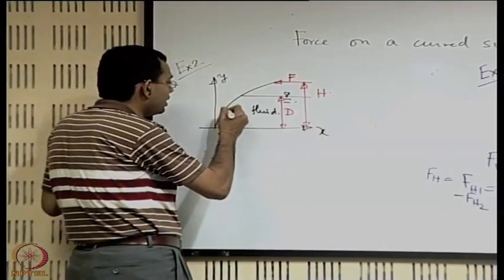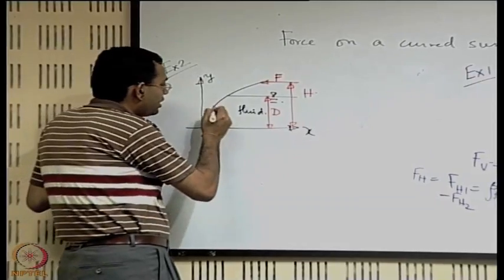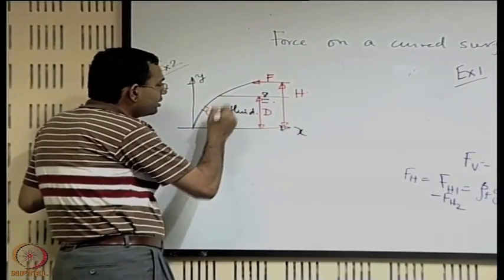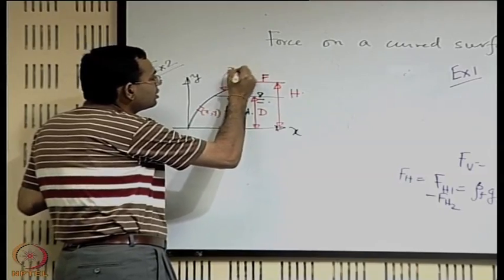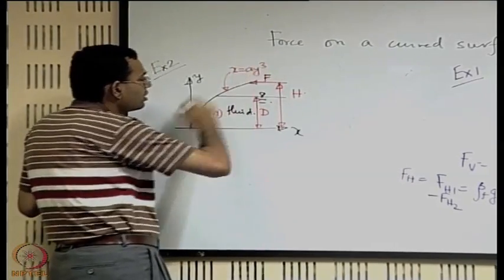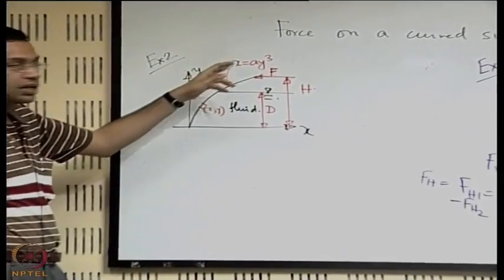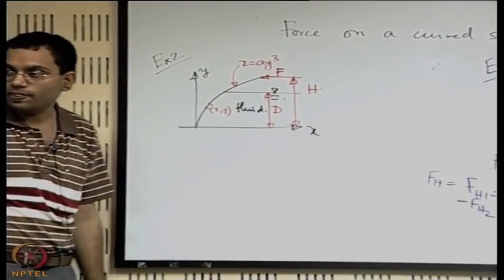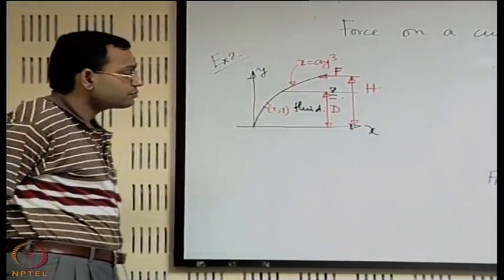So, let us say that we have considered a small element here at a location x comma y. For idealization, let us say that this curved surface, when its projection is considered, has the equation x equal to a y cube, which is the equation of this curve.